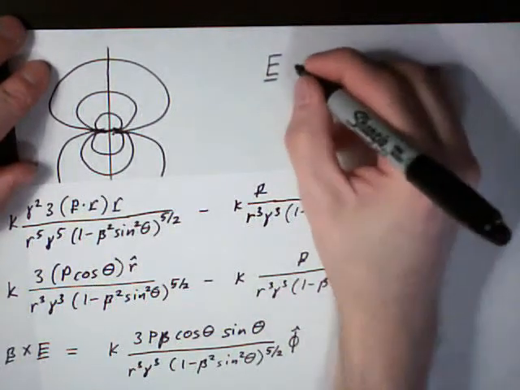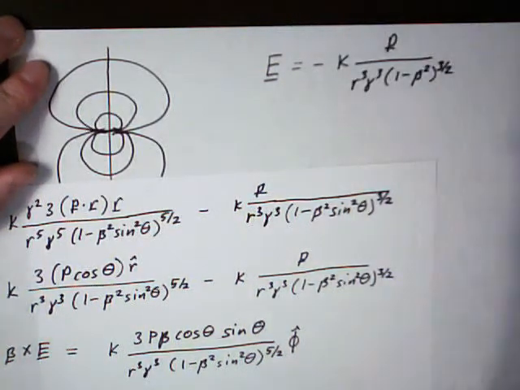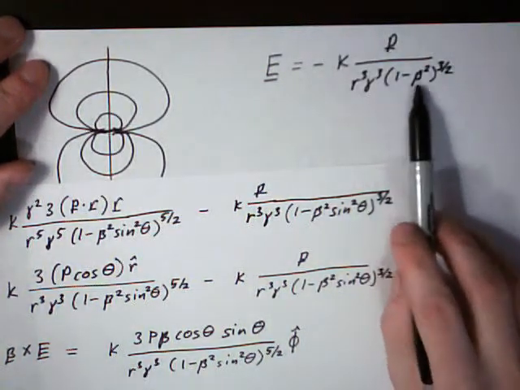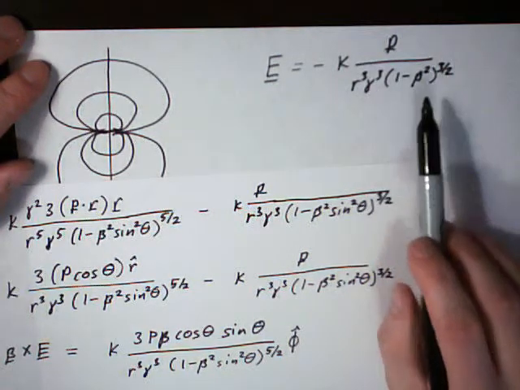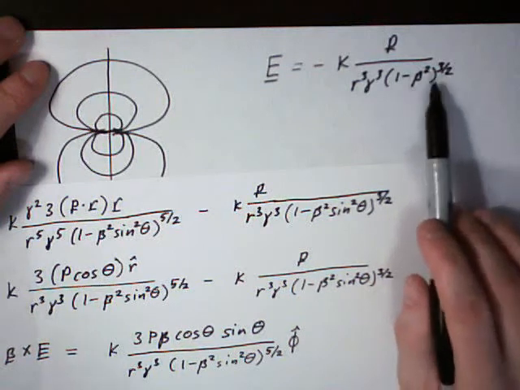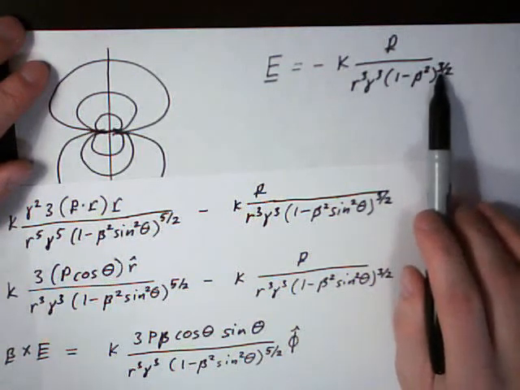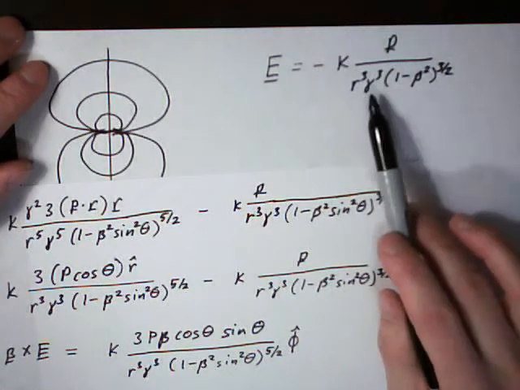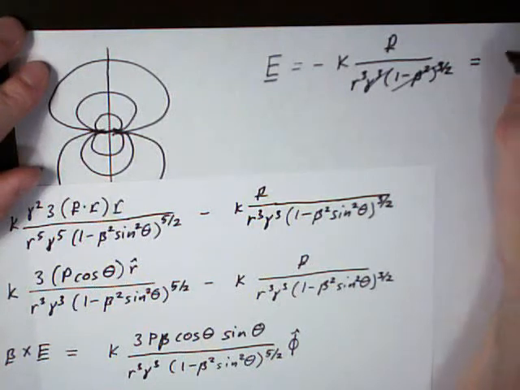And so I get, for my electric field, minus k. But I notice that 1 minus beta squared to the 3 halves is actually 1 over gamma cubed. Right, because gamma, again, is 1 over square root of 1 minus beta squared, and then I raise it to the power of 3, that's 1 over gamma cubed, and that cancels this right here. And so that just gives me minus kp over r cubed.